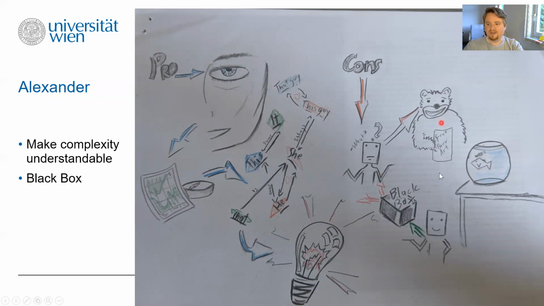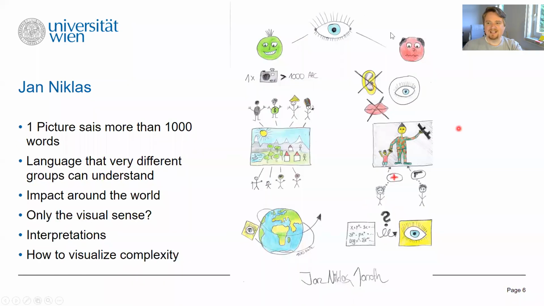And on the con side, you have a little man here who's asking what, or the fish also has totally no idea what they are doing here. So sometimes visualization can be quite a black box, and, okay, what do we actually mean? Here the bear is saying a great bear art. So let's go to the next one.